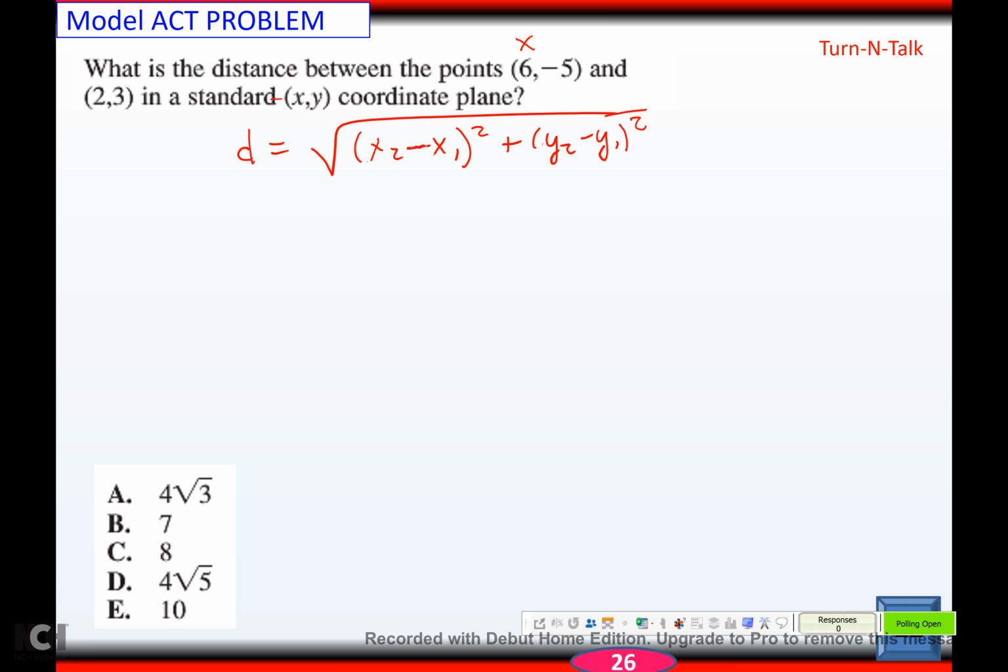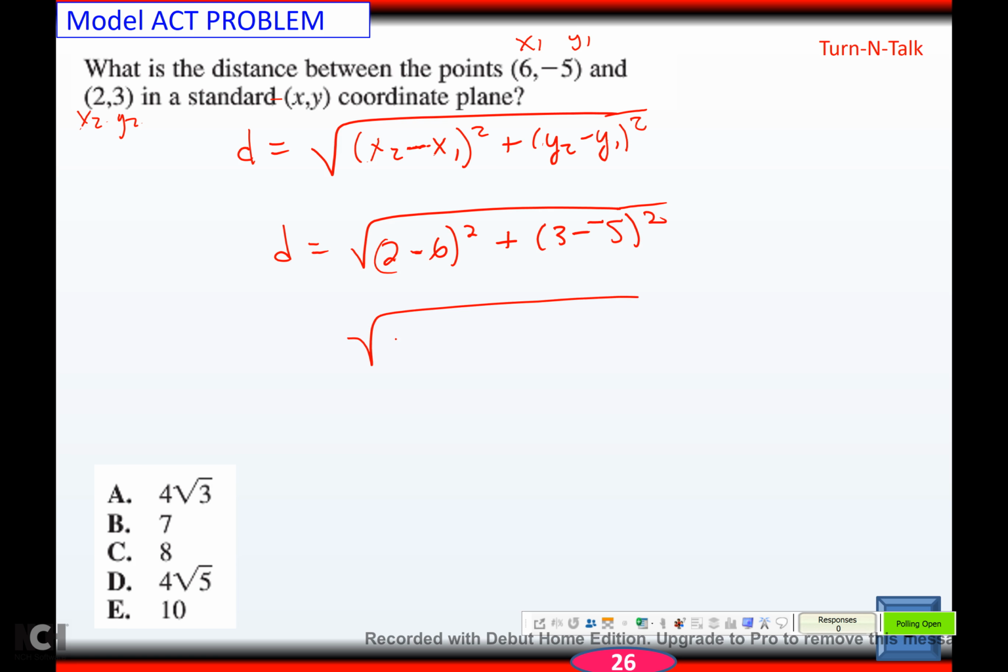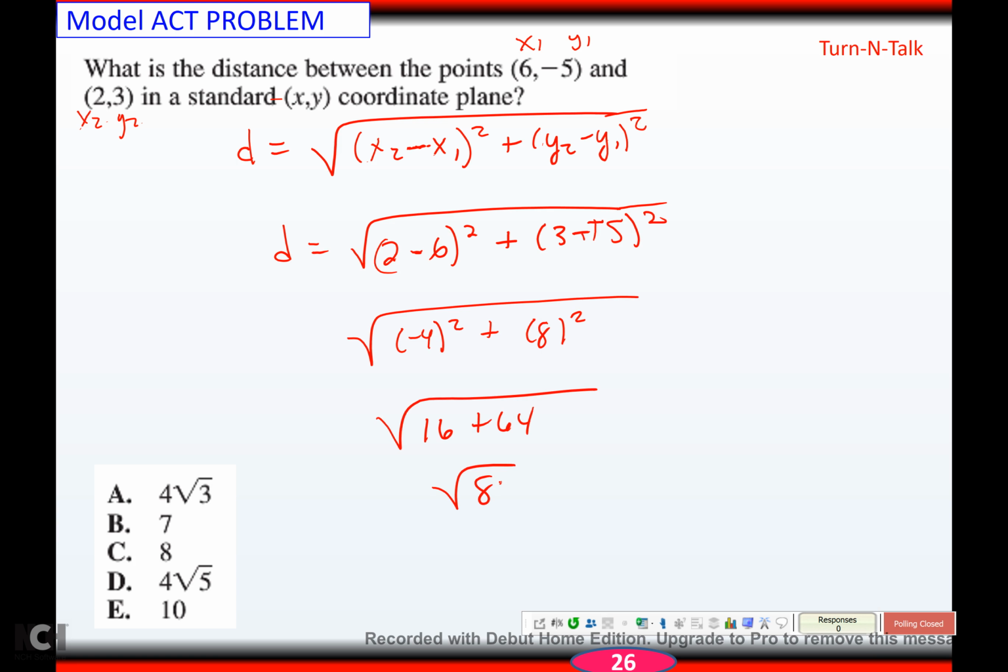So if I call this x1 and y1 and this x2 and y2, my distance will be the square root of 2 minus 6 squared plus 3 minus a negative 5 squared. That will give me a negative 4 squared, and that will give me a positive 8 squared. That gives me 16 plus 64, which is 80.